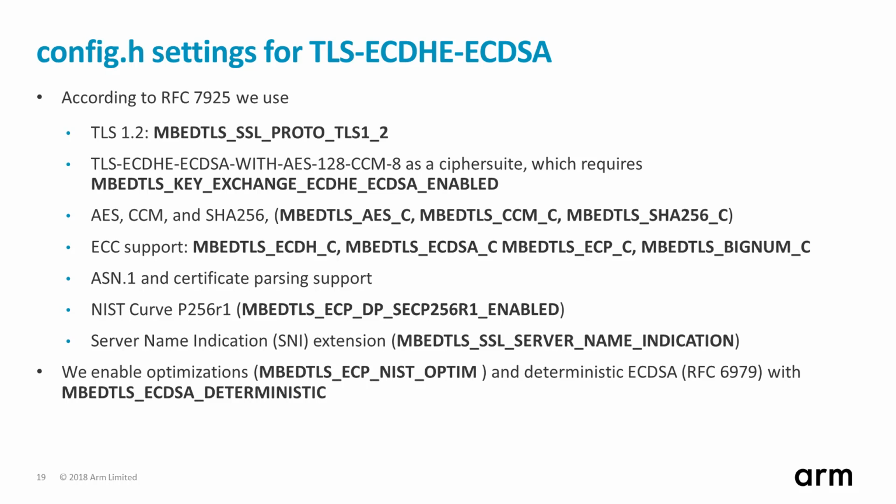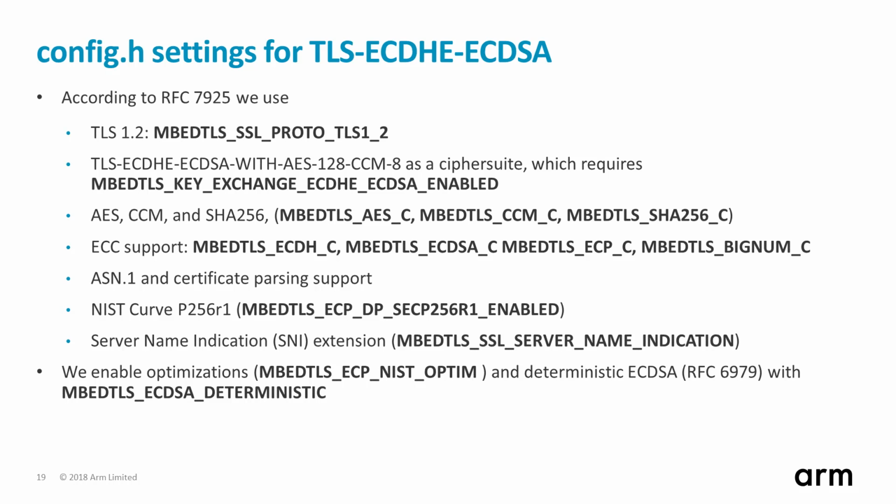The SNI extension allows the client to tell the server what entity it wants to talk to. This is particularly useful in a hosting environment where multiple domains are run on a single server with a single IP address. It's also useful in our test setup where we don't actually make use of the DNS. Finally, we enabled the NIST optimizations and decided to use the deterministic ECDSA, which is documented in RFC 6979.